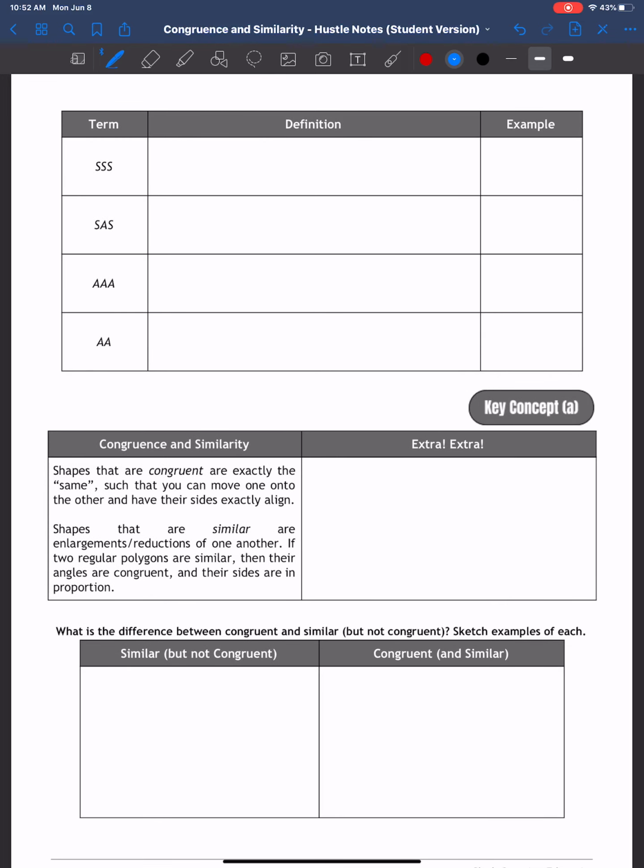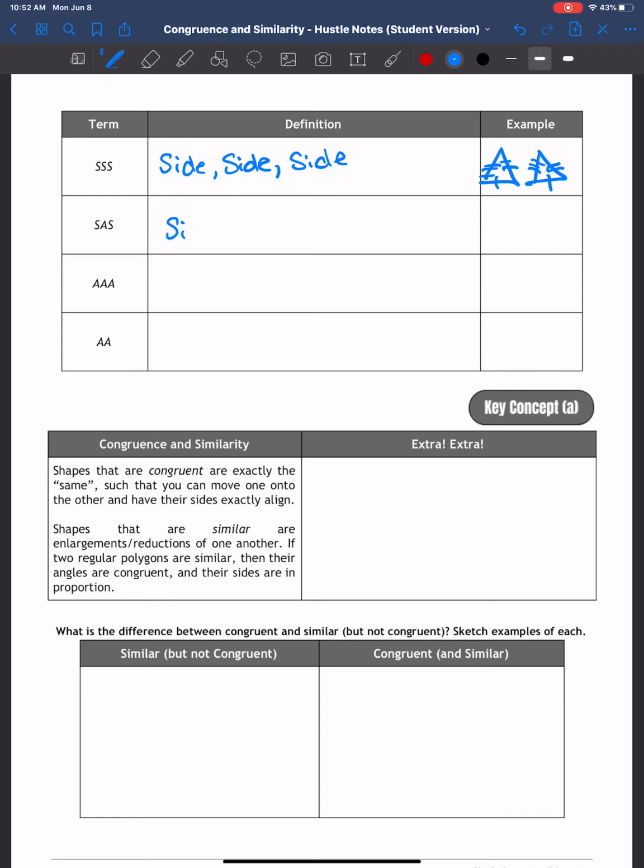Then you also have side, side, side, which is exactly what it sounds like. You have two triangles, all sides are congruent to the sides on the other triangle.